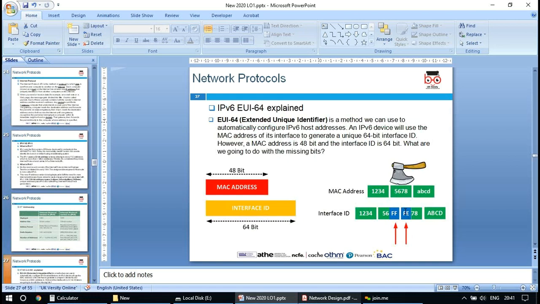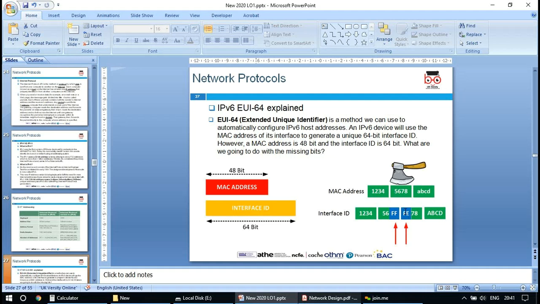Now, a very good concept is how IPv6 is used for interfacing. You remember previously lots of devices were used with the concept of IPv4, isn't it? That's right.